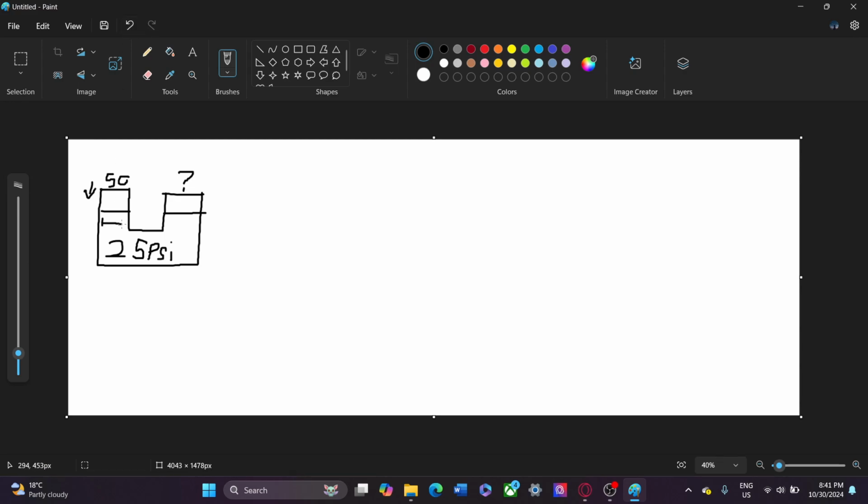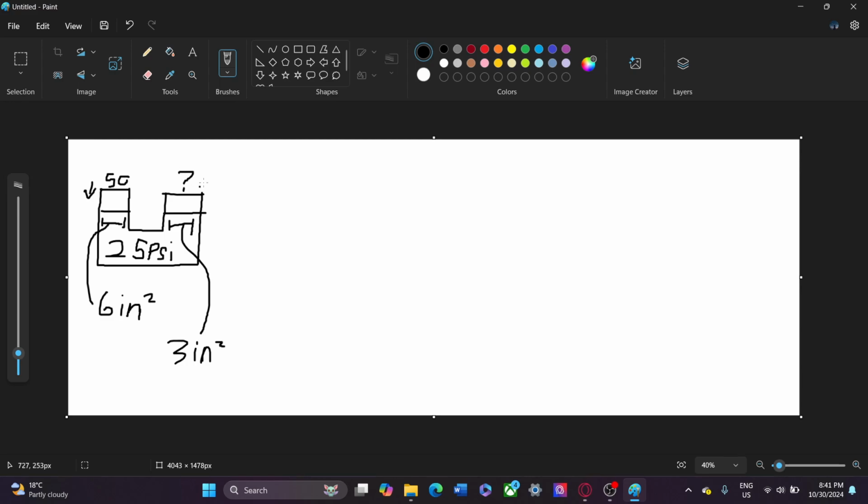And the area of this is 6 inches squared, right? We also know that over here is 3 inches squared.